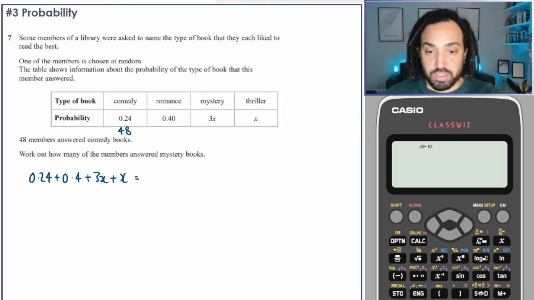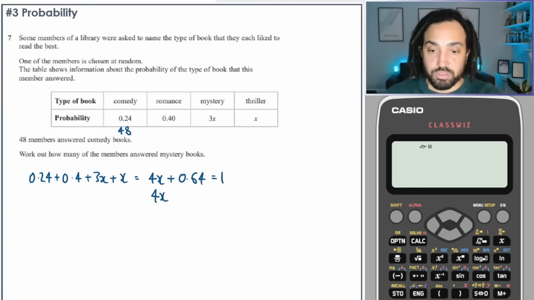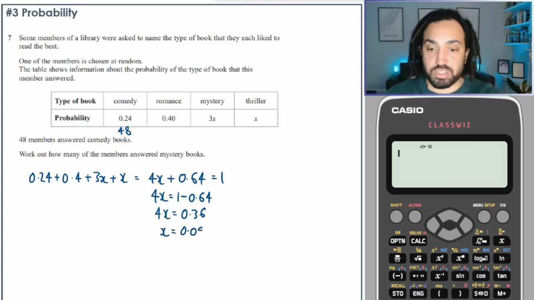So this gives us 4x plus 0.64, and we're saying that must equal 1. So 4x equals 1 minus 0.64. So 4x equals 0.36, and then dividing through by 4, we get 0.09.